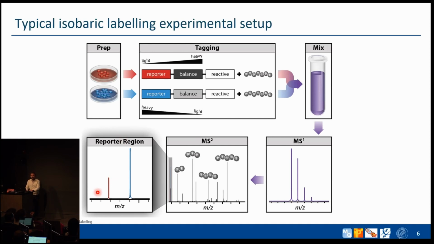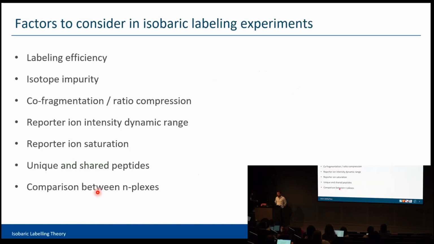So sounds perfect, right? Very nice, and also actually very popular. But there are some things that you have to consider when you want to do a TMT labeling or iTRAQ labeling. So of course, there's the sample prep side where the labeling efficiency is important. Then there is actually isotope impurity. So these tags have impurities.